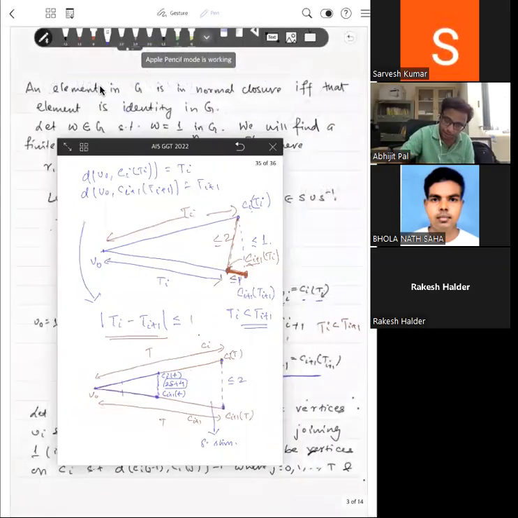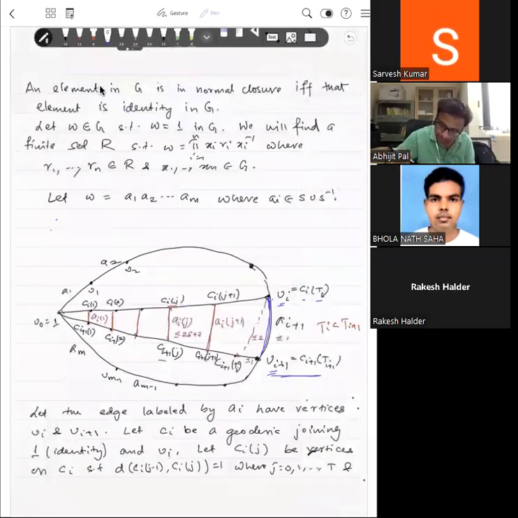So just make this correction here. The distance between Cij and Ci plus 1j is at most 2 delta plus 4. Let us take it to be 4, no harm in that. So the length of each of these is bounded by 2 delta plus 4.